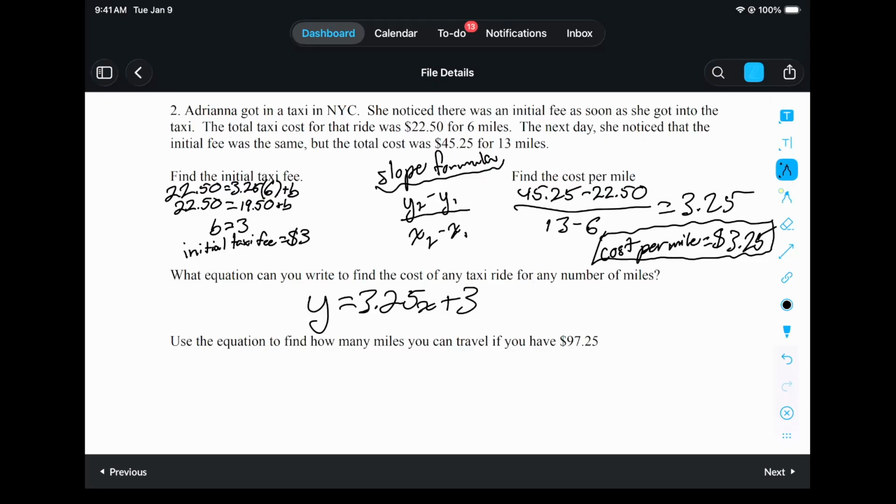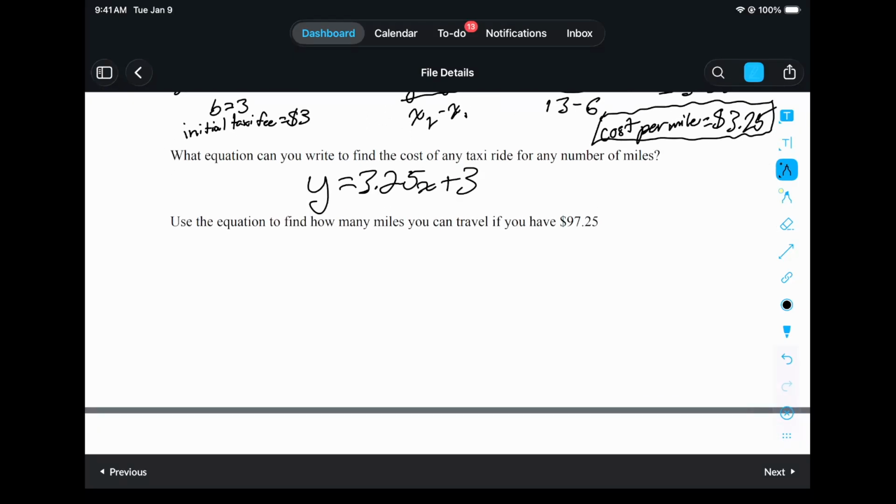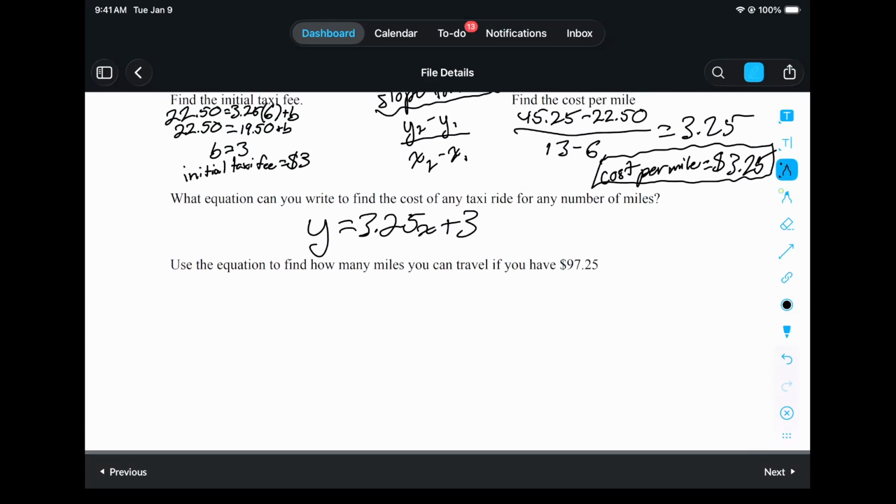So now we have to use our equation to find how many miles you can travel if you have $97.25. So in my pocket right now, this is not true. In my pocket right now, I have $97.25.